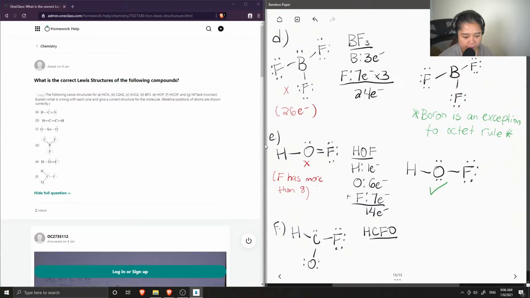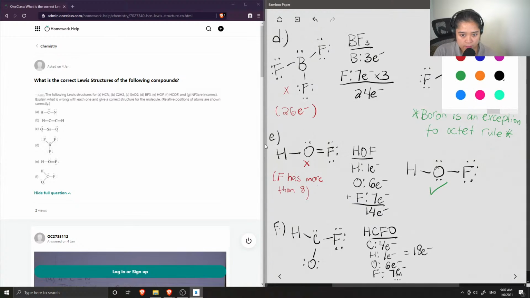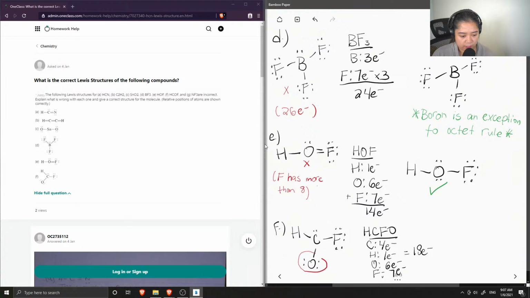I don't really know the order that this molecule should be in, but anyways, carbon has 4 valence electrons, hydrogen has 1, oxygen has 6, fluorine has 7. So if we add them all up, we should need 18 valence electrons. So if we look at the incorrect structure, everything seems fine except for the oxygen, which is not satisfied.